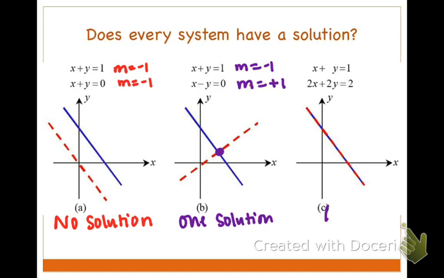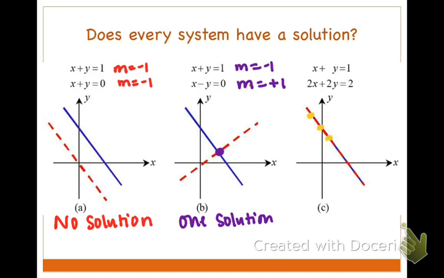Our last possibility is if our 2 equations are actually the exact same equation. They are the same exact line, and when you graph them, it's going to graph right on top of itself. So they have all of these shared points of intersection, all of these potential solutions.